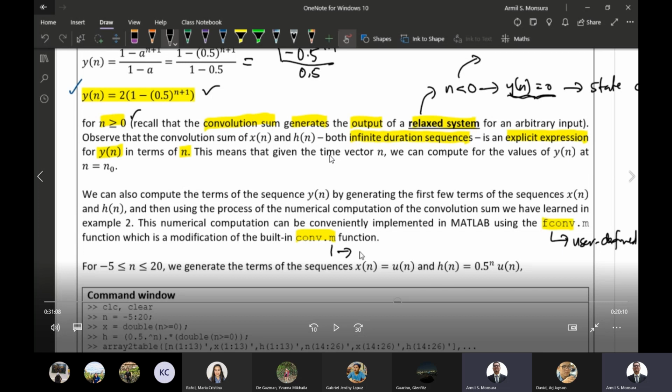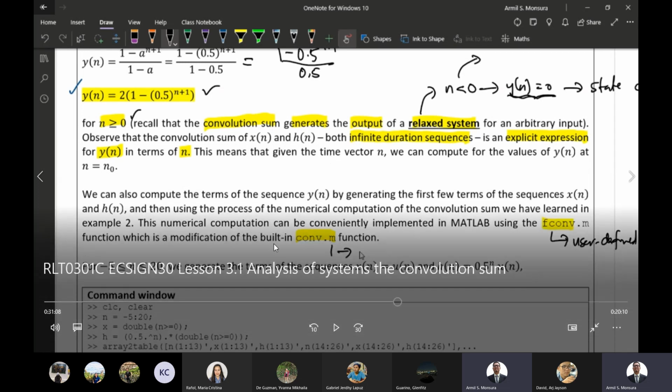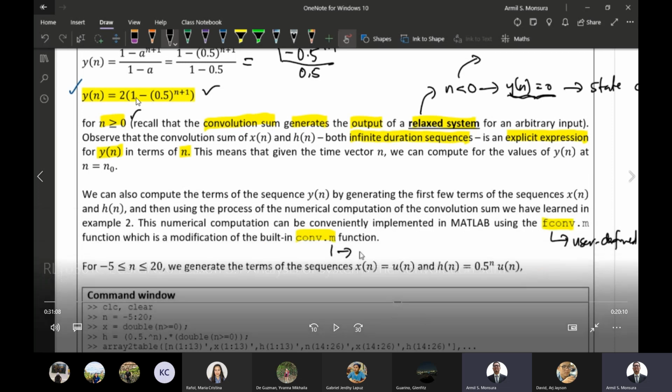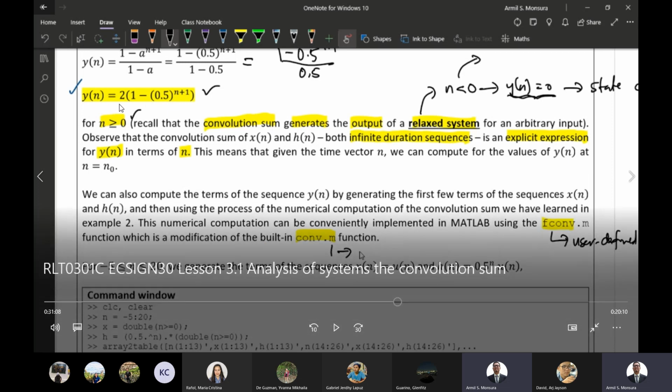Okay? So that's one. Second is gagamitin ko yung fconv function para ma-verify ko tong sagot na to. Itong sagot na y of n equals 2 times 1 minus 0.5 raised to n plus 1. Okay, paano ko siya i-verify?